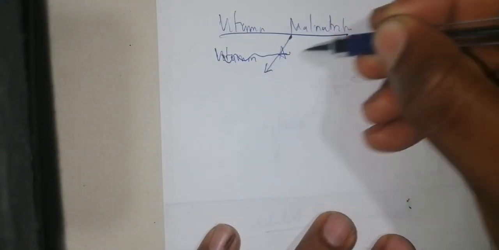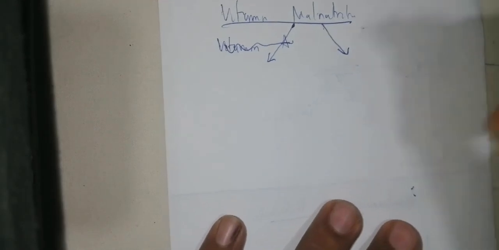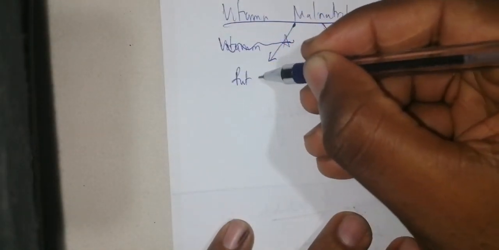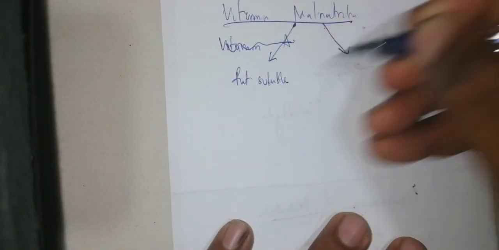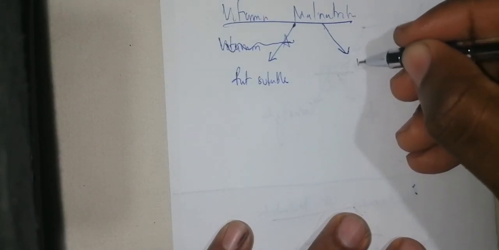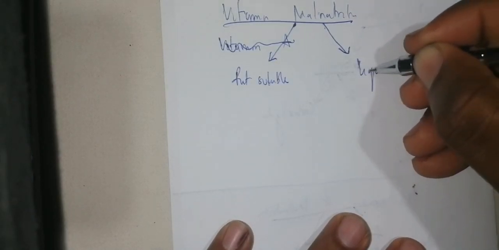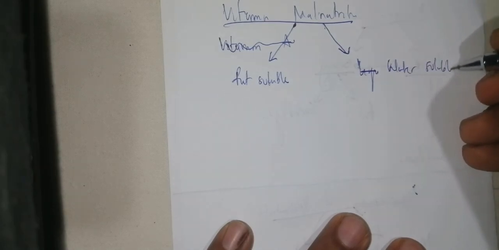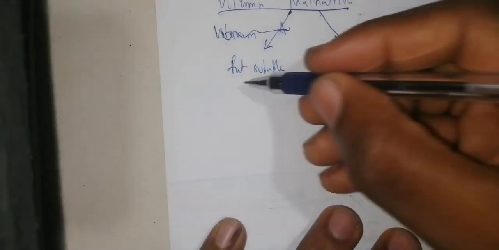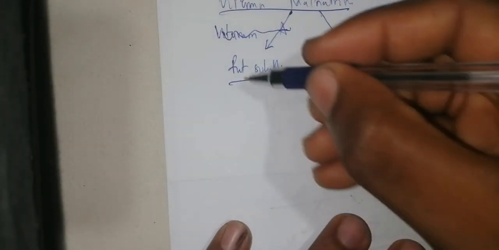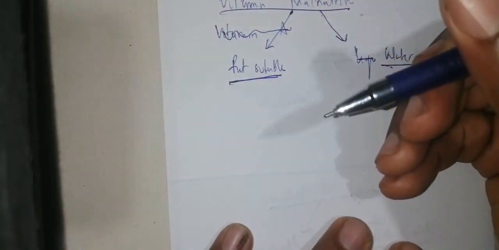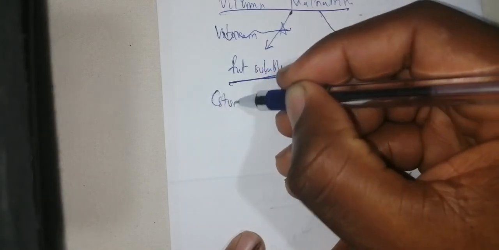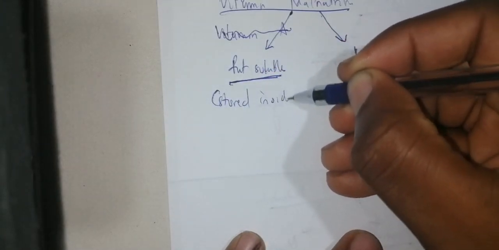We need to know that first, the vitamins are divided into two. We are going to have what are called the fat soluble vitamins, and the water soluble vitamins. So those are the two different groups of vitamins. The fat soluble vitamins generally are stored inside the body.